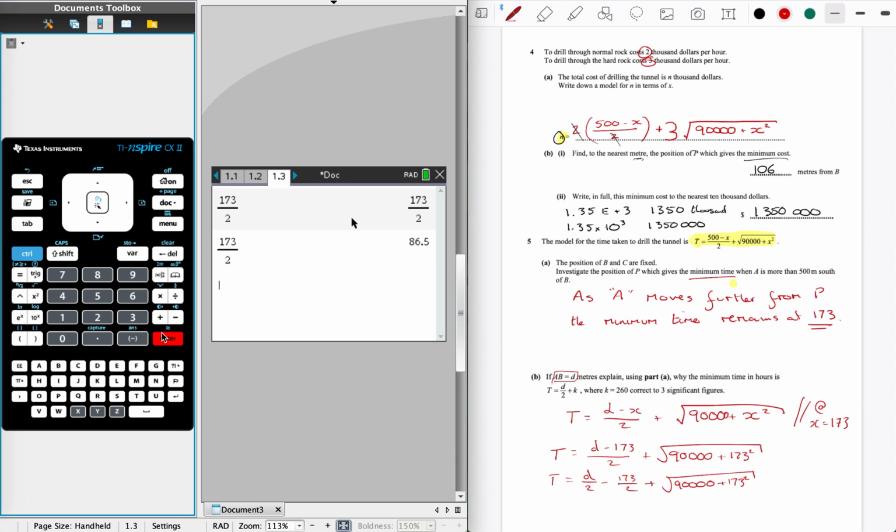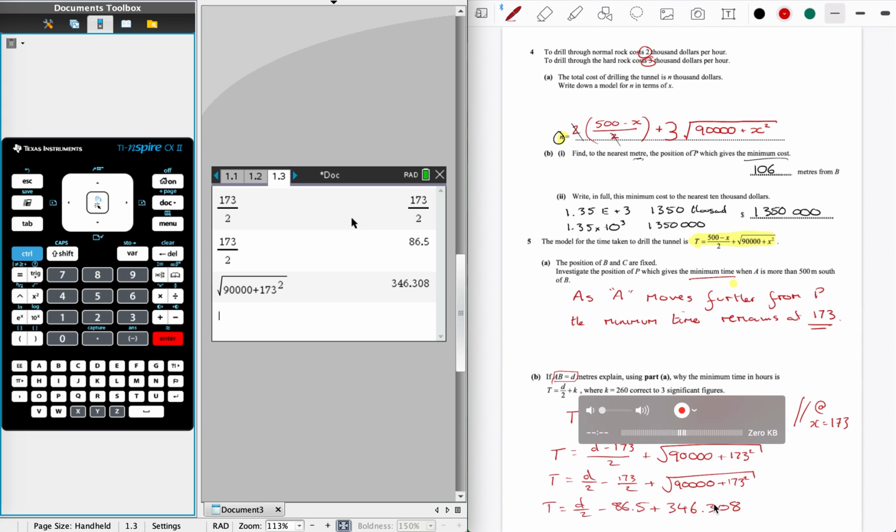So T equals D over 2 minus 86.5 plus, I need to put this one in as well, square root of 9, 1, 2, 3, 4 zeros, plus 173 squared, 346.3, 308.